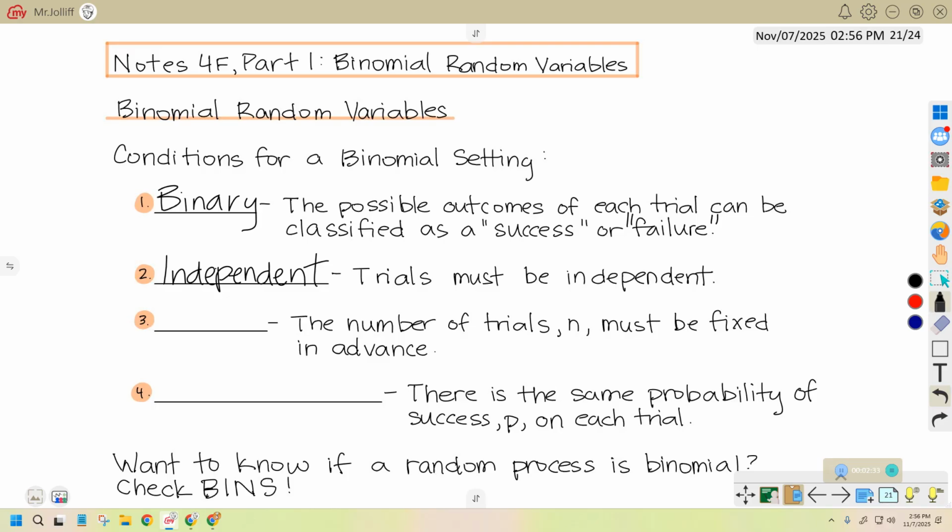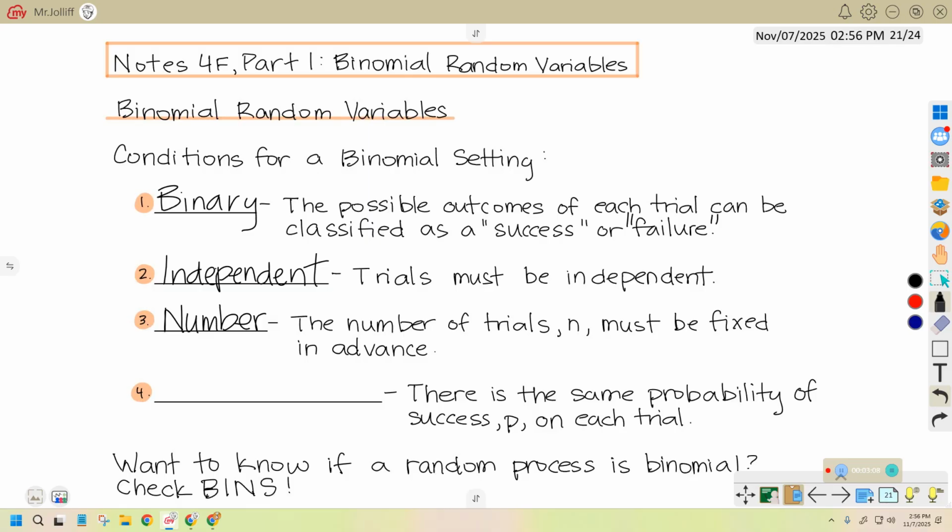So I take a card out, write down what I got, put it back in and shuffle before I draw again. Next, the number of trials must be known ahead of time. In other words, we say the number of trials is fixed. If I'm doing some random process with coins, I need to know how many times I'm going to flip my coin before I start.